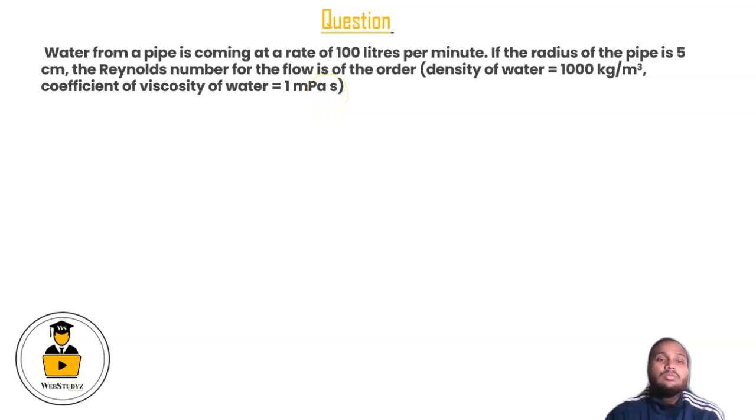So we can write the Reynolds number formula: Re equals rho V d by mu. What data do we have? We have rho equal to 1000 kg per meter cube.